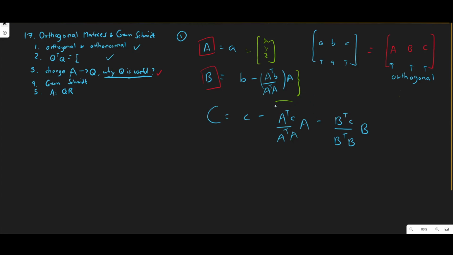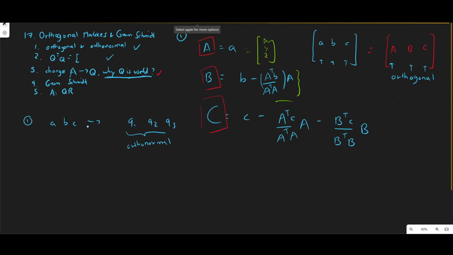So we need to subtract from C this component and this component. So that's why we get C. And it's pretty structured. You can follow the formula, the format, and if you get another vector that you need to find the orthogonal form of, you can follow the same manner.